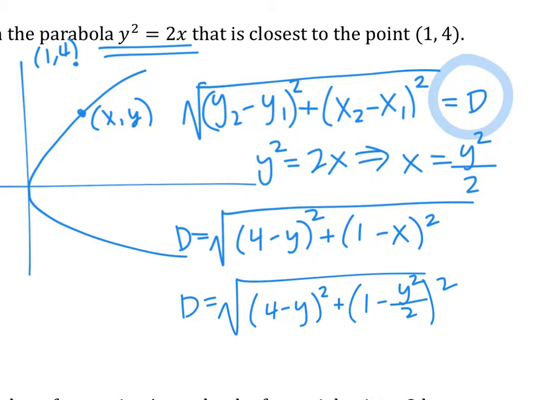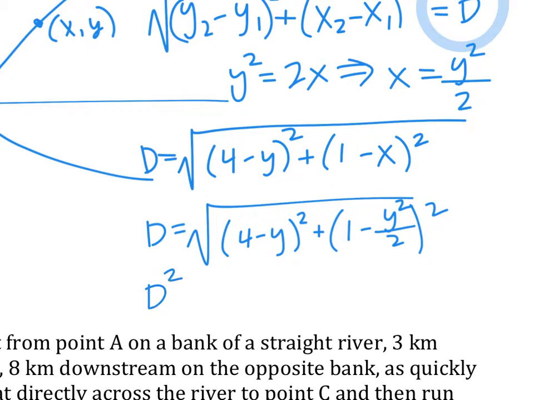That's horrible. So here's what the textbook says as a trick. They said just square everything. Then when you take the derivative, you're just trying to find the minimum of d squared, which is still going to give you the same number.